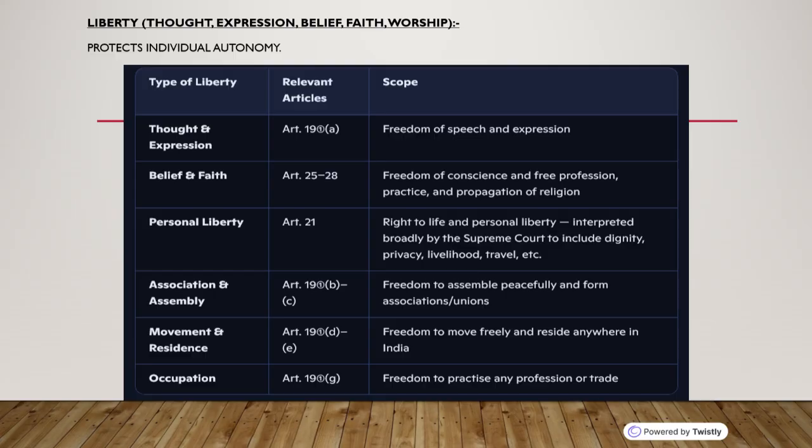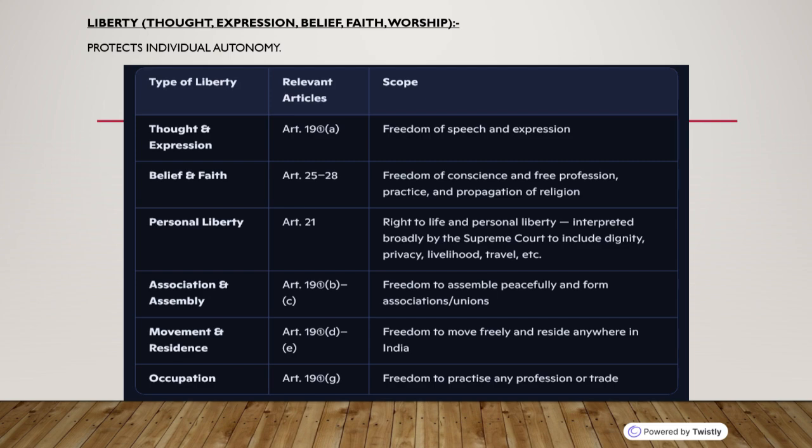Liberty of thought, expression, belief, faith, and worship protects individual autonomy. That means liberty does not mean to apply for this whole society. It will apply for yourself. You can do it for your own purpose.